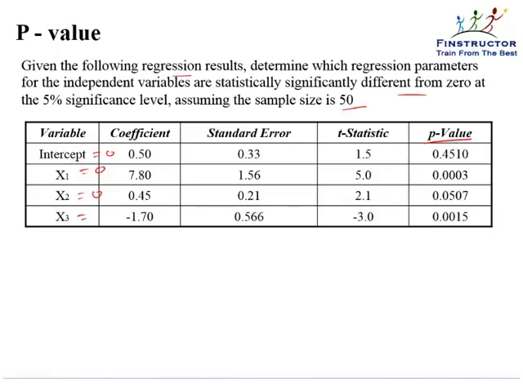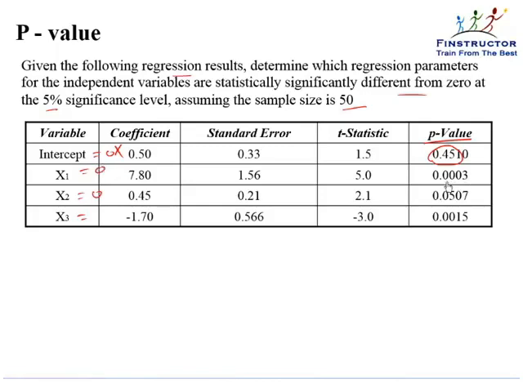The minimum level of significance at which this null can be rejected is 45% or 0.45. So at 45% level of significance, I can reject the null. What is our level of significance in the question? 5%. So we cannot reject this null. Hence, intercept is not statistically different from 0.